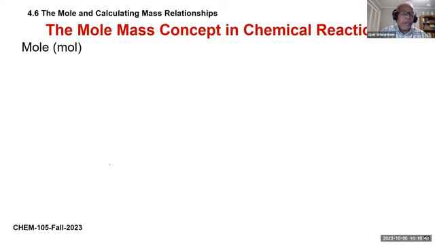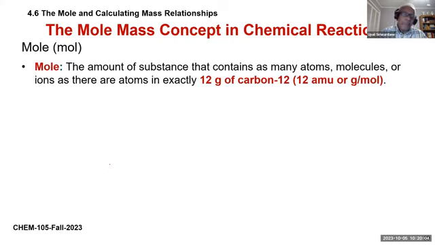I talked to you about the mole concept. Formula weight gives how many grams of material of that particular compound are in 1 mole, the molar mass for that compound. A mole is a number, an amount, that contains many atoms.